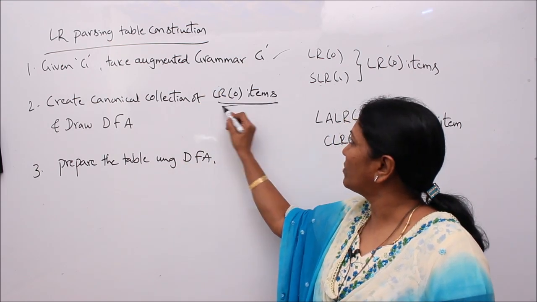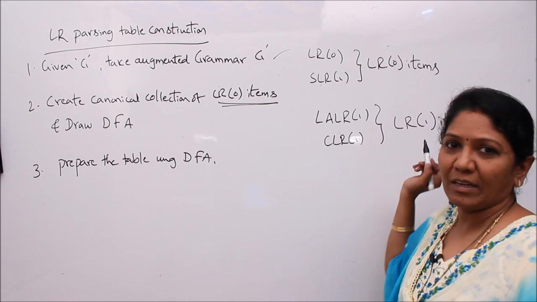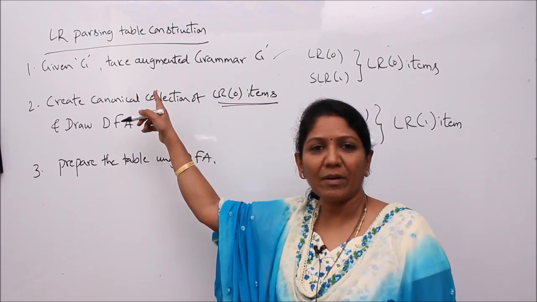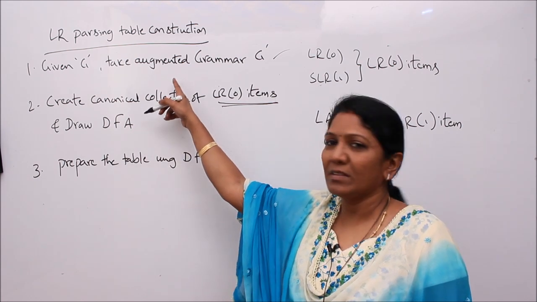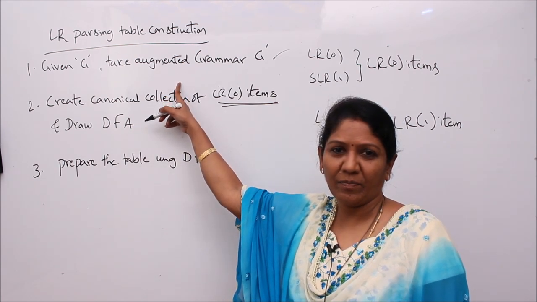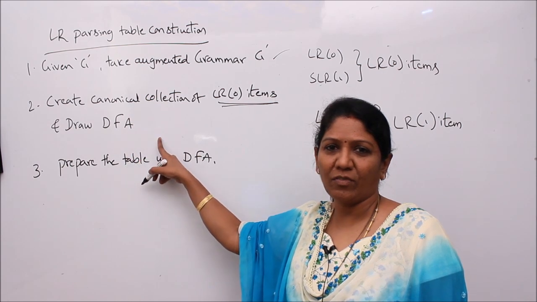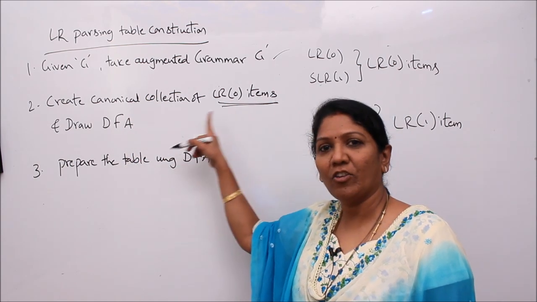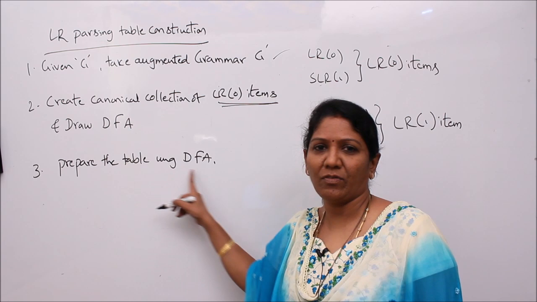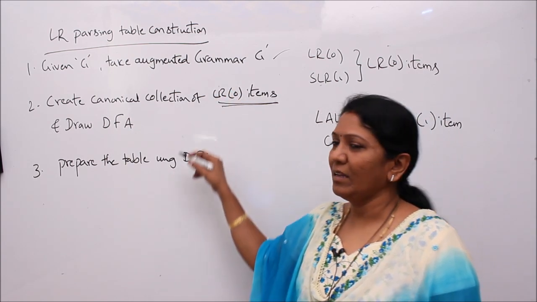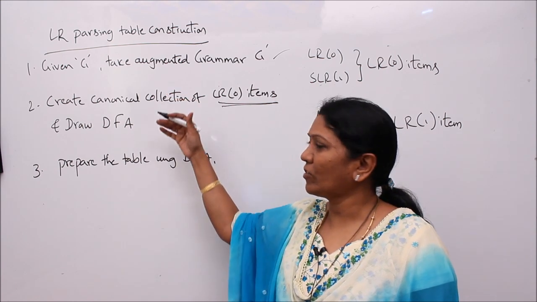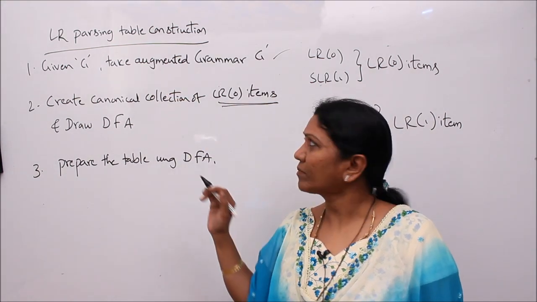Only this term has to be replaced by LR1 item. So I'll say, given a grammar for canonical LR1 parsing table construction, first take augmented grammar G dash, create canonical collection of LR1 items, draw the DFA, reduce the DFA to parsing table. Okay. So let us see now each of these steps in detail.